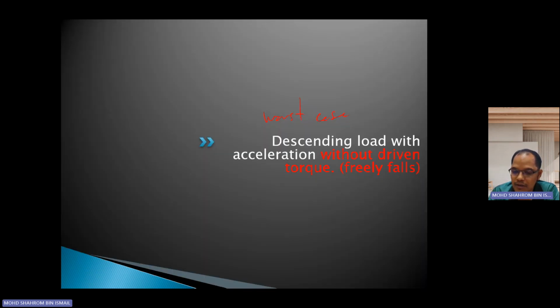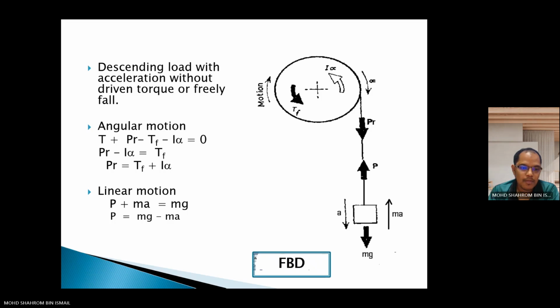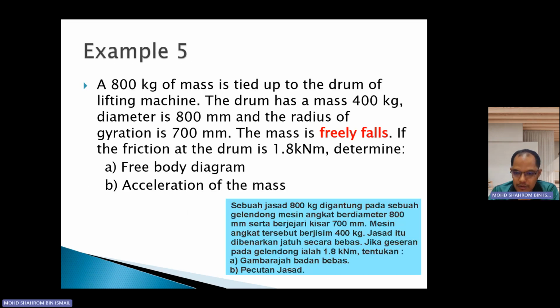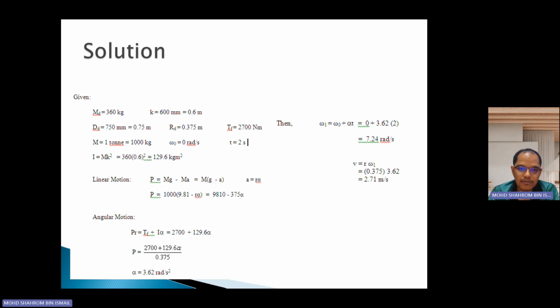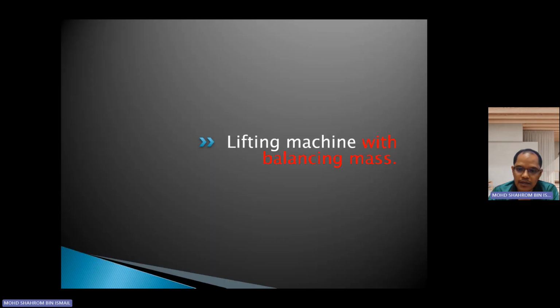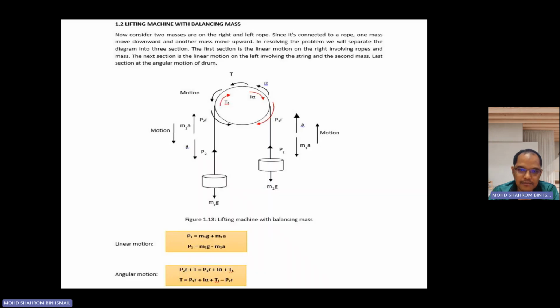Just imagine that the rope is broken, the cable snaps, and the load falls just like that, free fall. What will happen after? They have some examples here and there, a couple of examples, and then we're going to go with balancing mass.